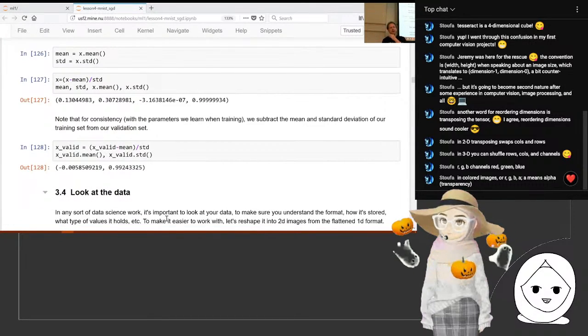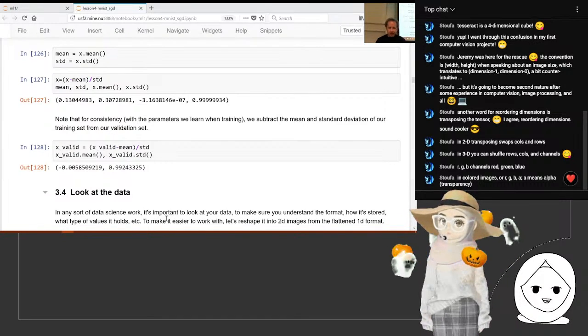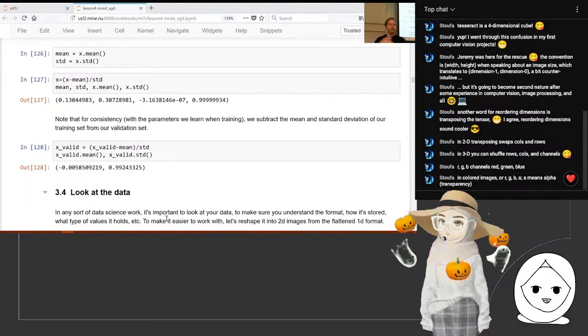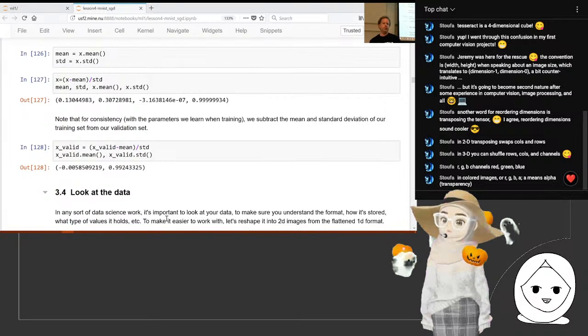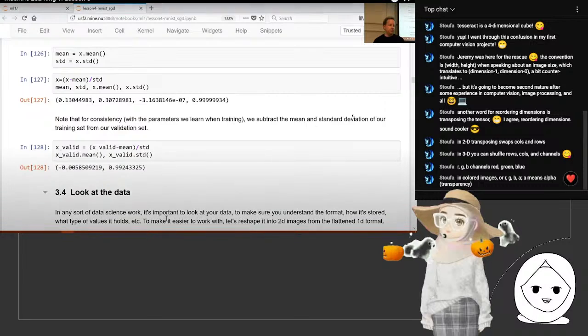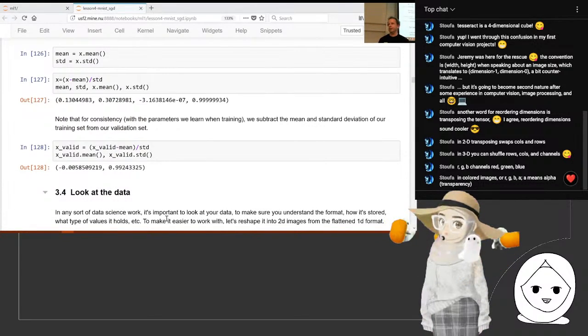Let's say we were doing full color images, and our training set contained green frogs, green snakes, and gray elephants. Right? We're trying to figure out which was which, and we normalized using each channel mean, and then we have a validation set and a test set which are just green frogs and green snakes.